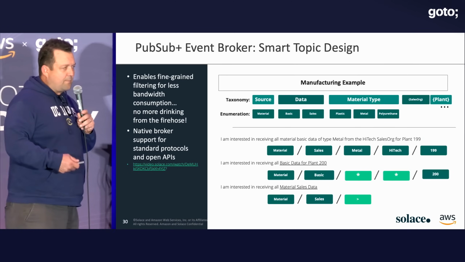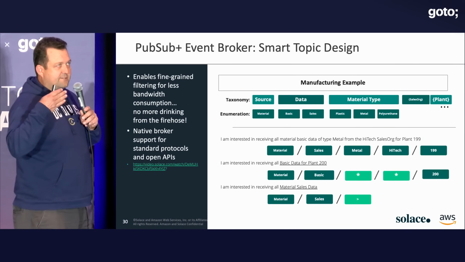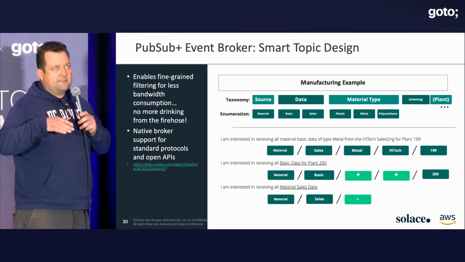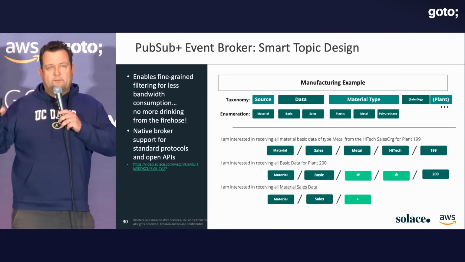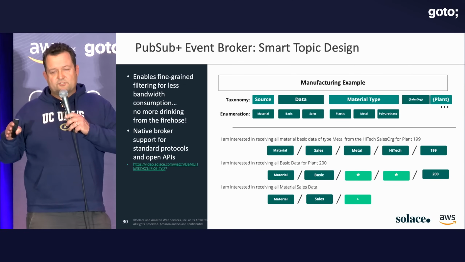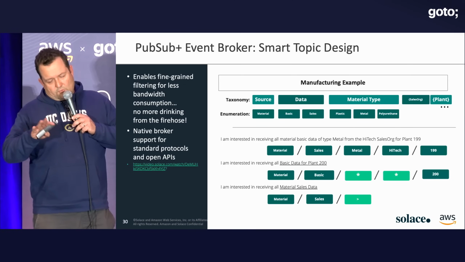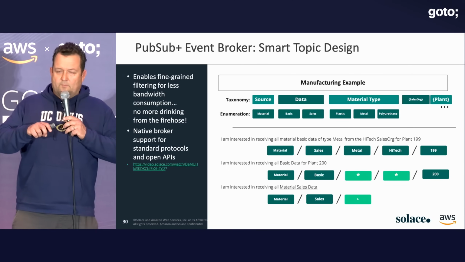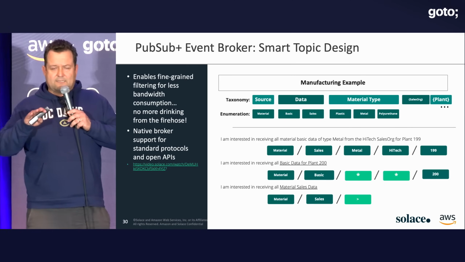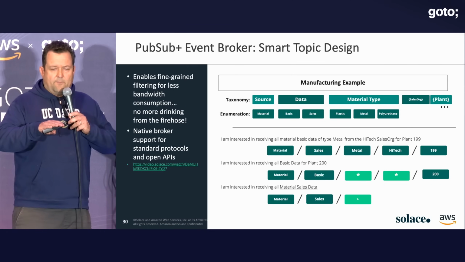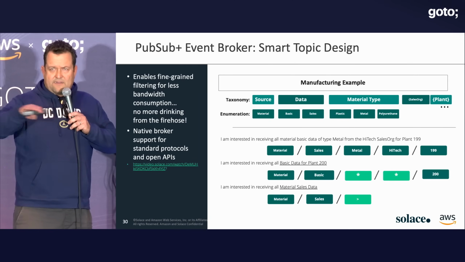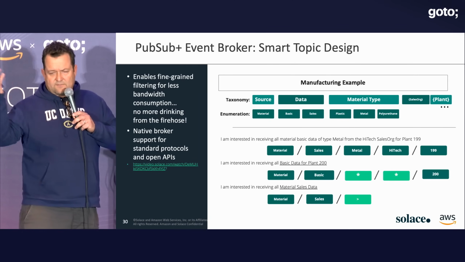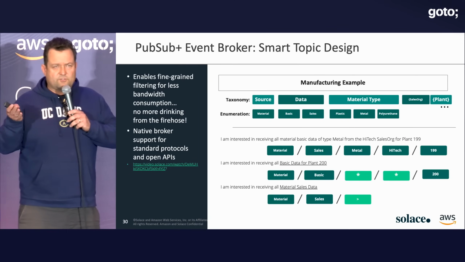The smart topics, as I mentioned, it's the topic design that facilitates the power of the routing within the context of the mesh. So I'll go through this real quick. When you start thinking about designing a topic, you want to basically specify the taxonomy first. So in this case, at the very top line, there's a source, right?